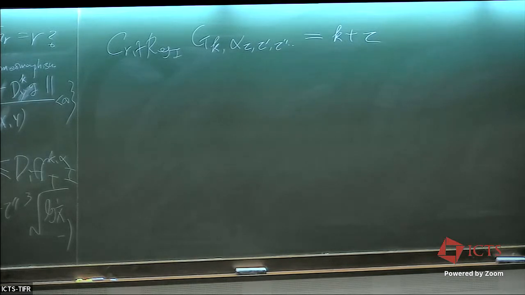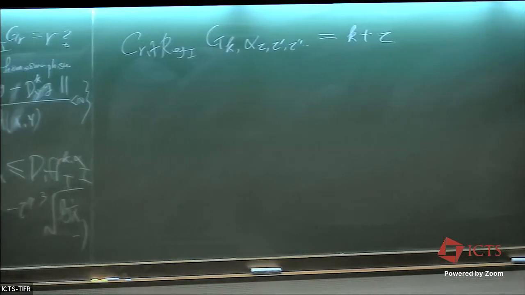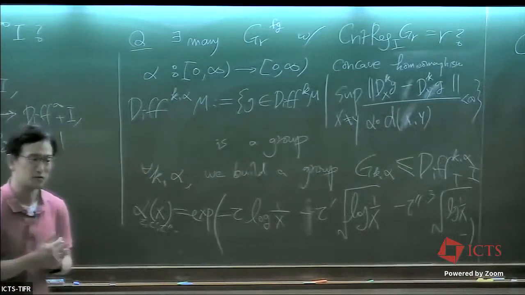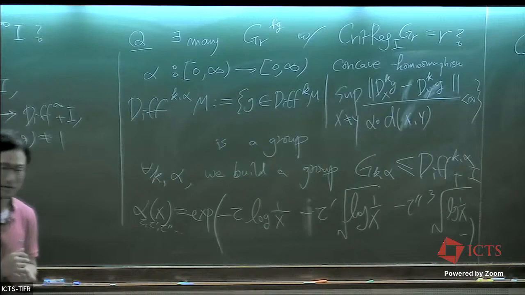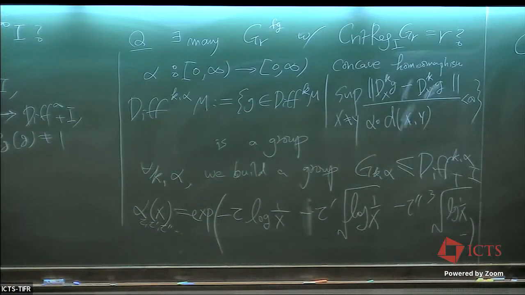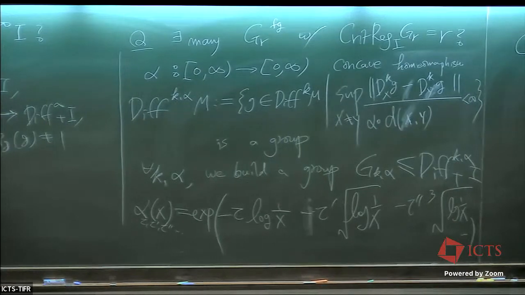Therefore, by varying tau prime, you obtain uncountably many critical regularity k plus tau groups. Once you have the right theorem, there's an easy way of producing many pairwise non-isomorphic groups having the same real number regularity.